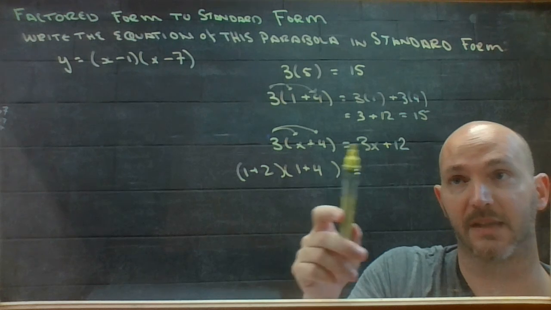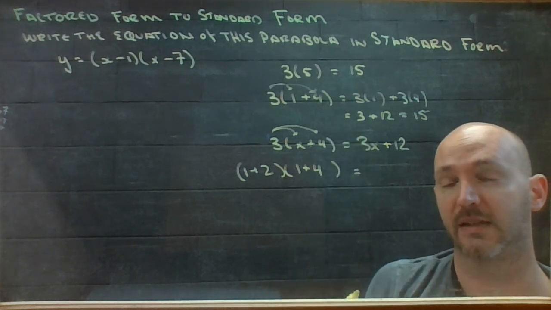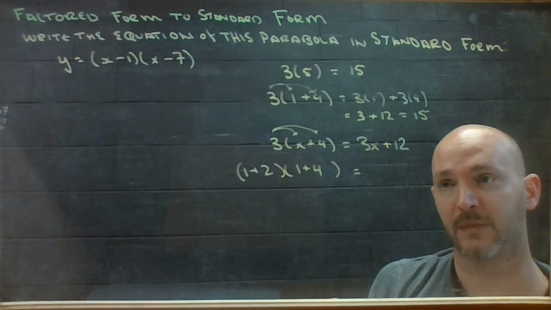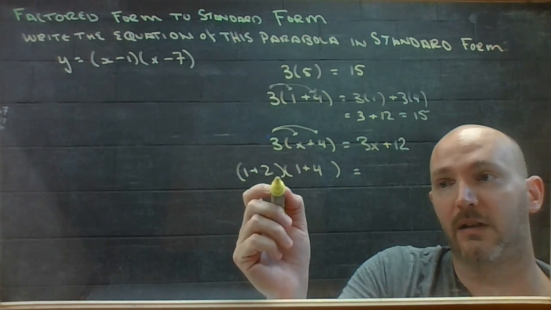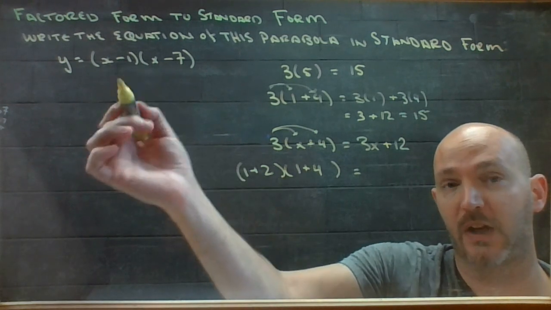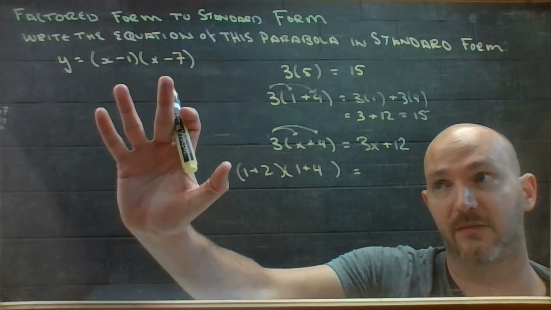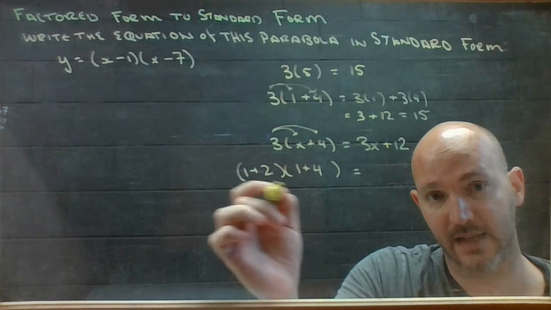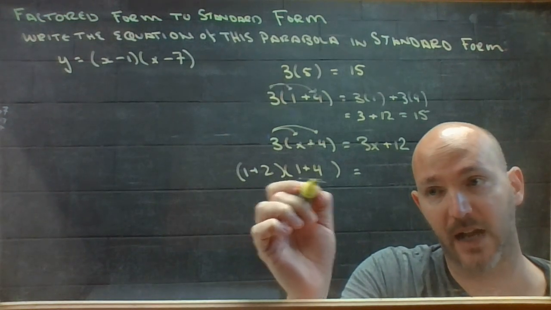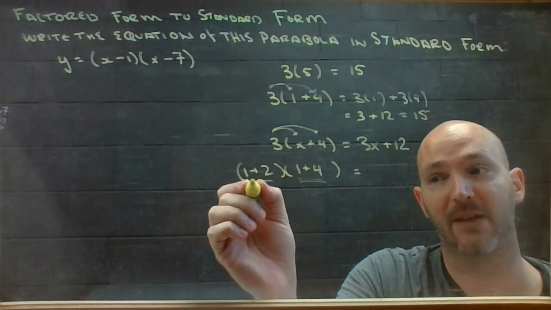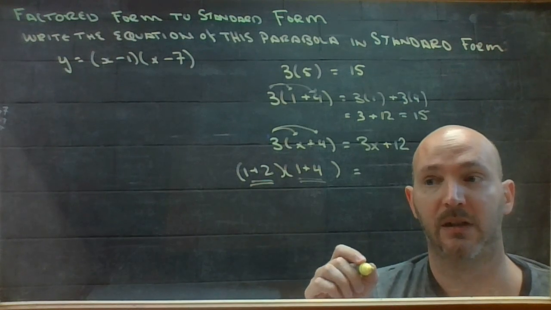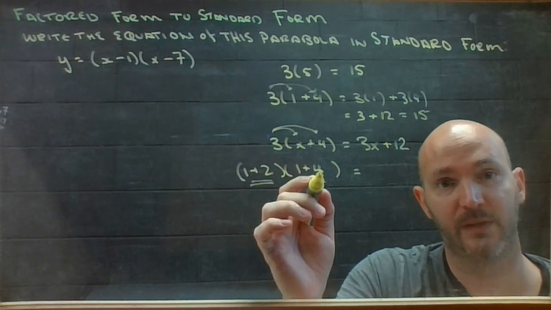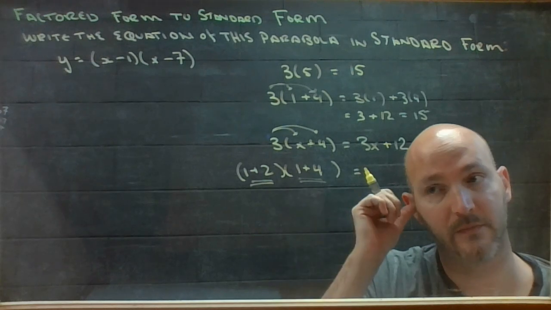So this times this should give me 15 as an answer. I'm writing it like this, though, to show how you can scramble these four things together when you're doing the multiplication. So this is telling you that everything in this bracket has to be multiplied by everything in that bracket. So not just by 2, but by 1 as well.